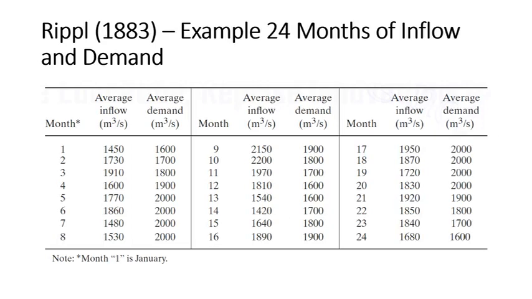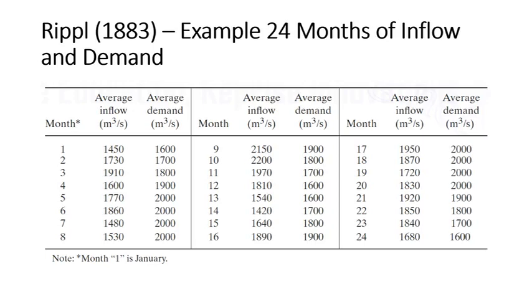This is an example of 24 months of inflow and demand data. As you can see, in month one, you have an average water inflow rate of 1,450 cubic meters per second. And the demand from the households, industries, and agriculture is around 1,600 cubic meters per second.